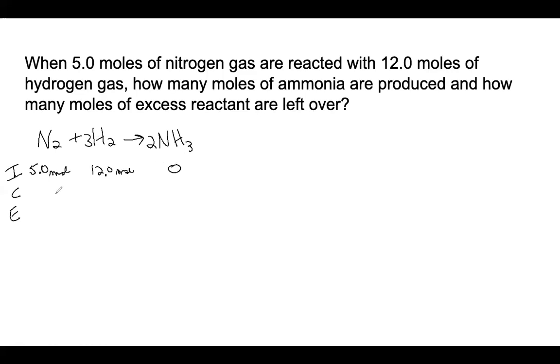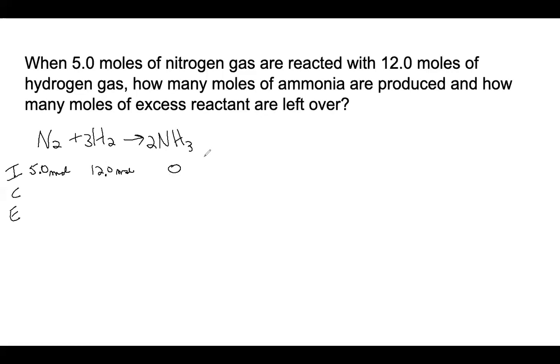Now, the change is these amounts, these chemicals react, and they produce product. Which one of these is the limiting reactant? So one of the ways we can do this is to test. If we use up all the nitrogen, how much ammonia would we get? And if we use up all the hydrogen, how much ammonia would we get? Whichever one is less, that's the amount we get because the reaction stops at the less amount.